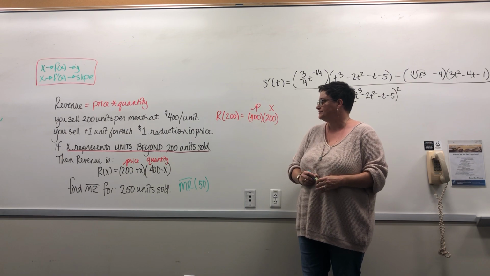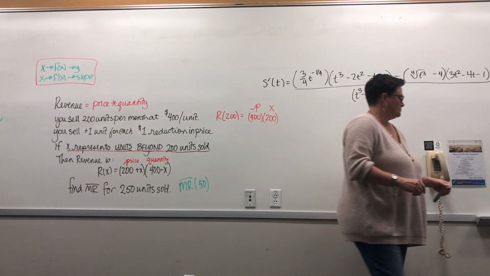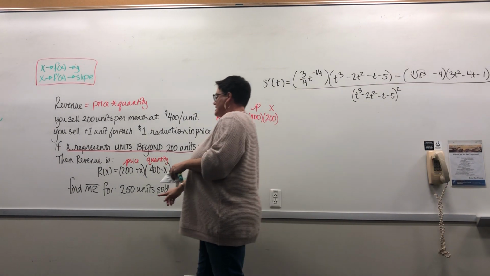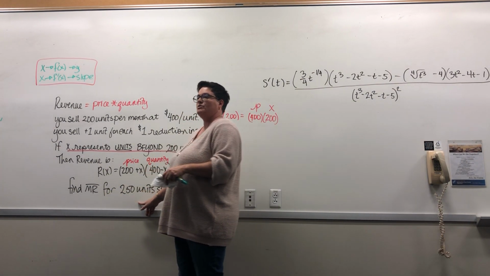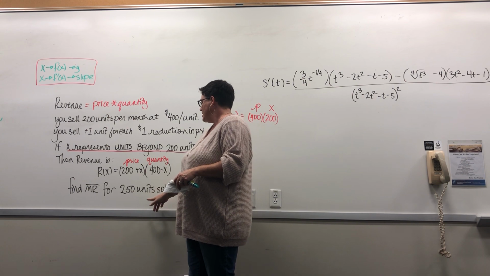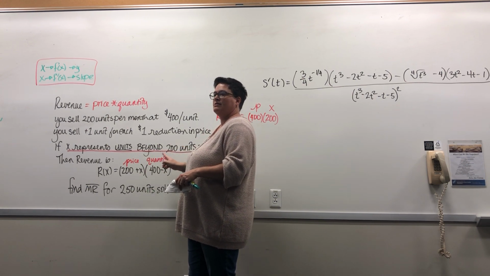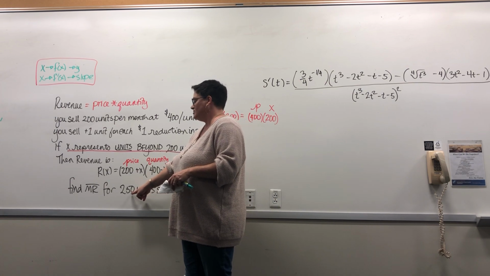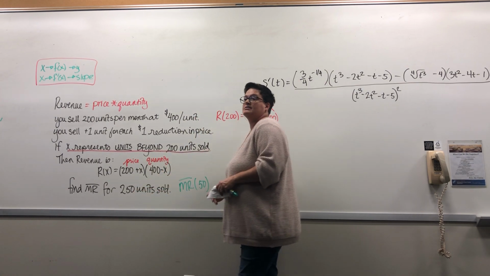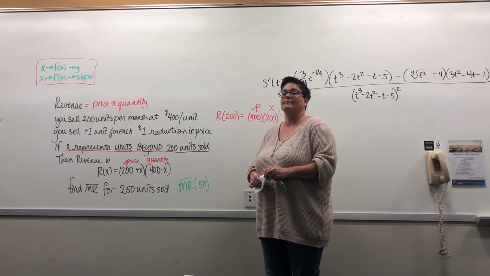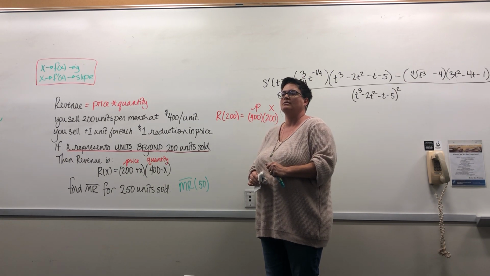Where'd you get the 50? Because I asked you to find marginal revenue when 250 units are sold, and X is going to be the units beyond 200. So the units beyond 200 for 250 is 50 units. I'm also confused where you have 200 in for X over there.